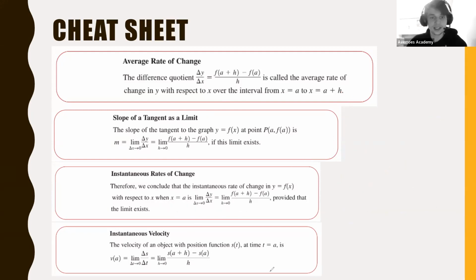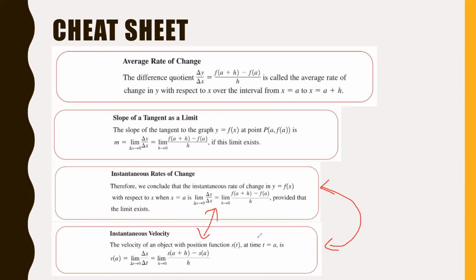Perfect. And instantaneous velocity. Here you can see the connection between this mathematical analysis of a graph and a real practical physical implementation. Yusuf, can you tell me what's the difference between these two formulas? We came to the conclusion that instantaneous rate of change is equivalent to instantaneous velocity in some cases.